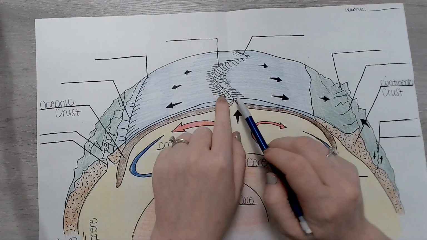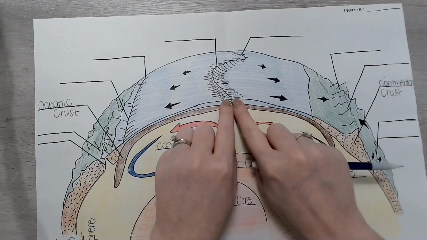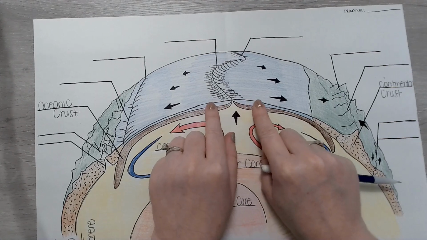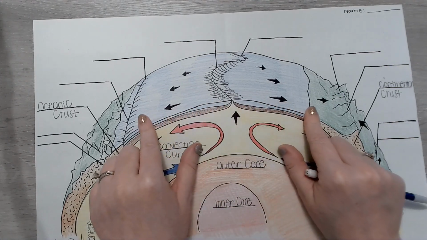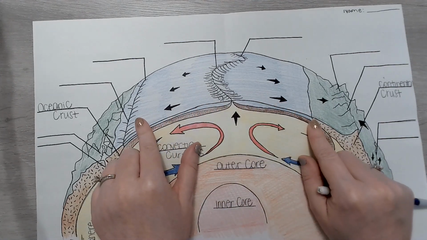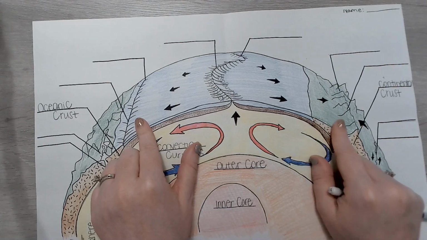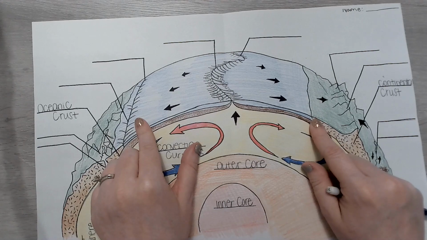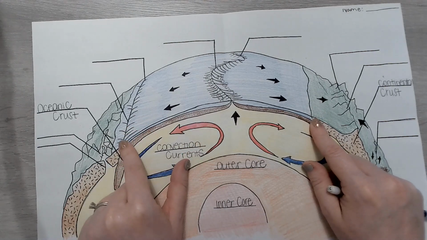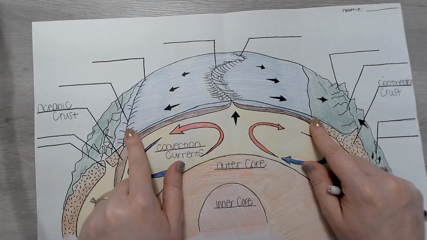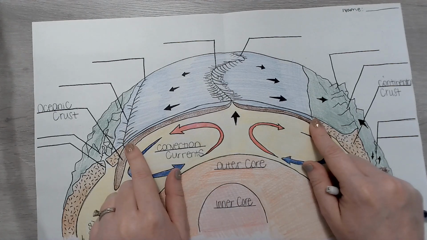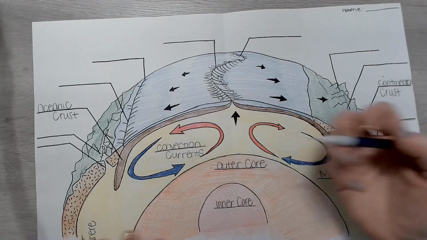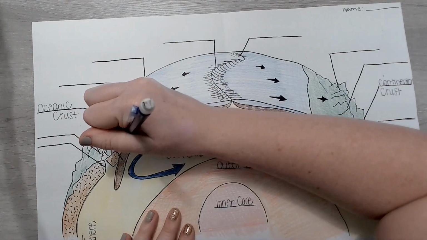But we have our youngest, and then as it's getting pushed away, the further we get out, we get older and older rock, to where right before we meet our subduction zone, right here is actually our oldest rock. So again, write that on both sides.